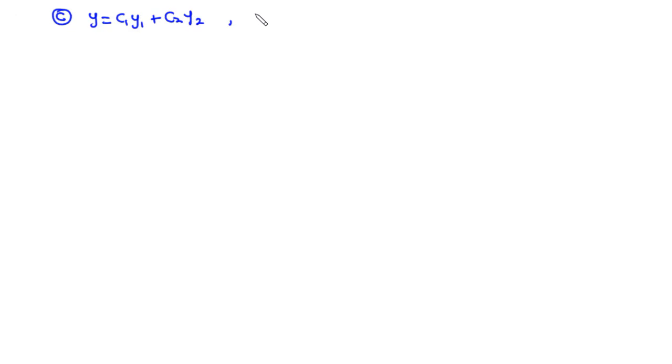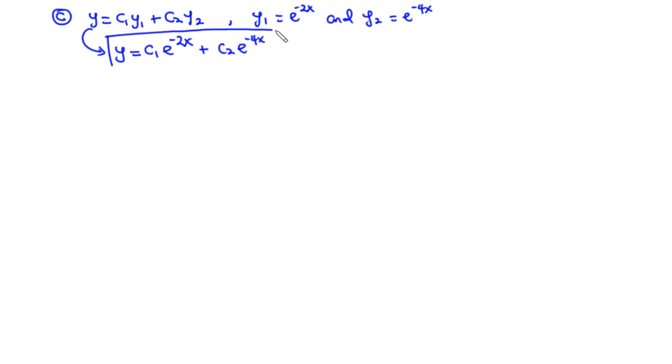Here we have y1 to be e to the power negative 2x and y2 e to the power negative 4x. So we are just going to do substitution. We have y equals C1 e to the power negative 2x plus C2 e to the power negative 4x. So this is the general solution to the given differential equation.